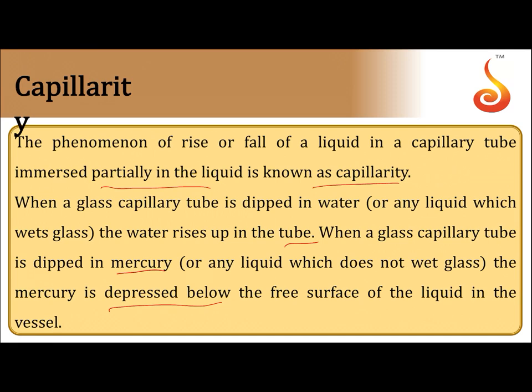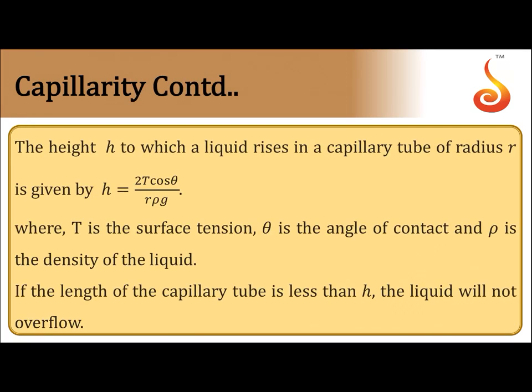Level of mercury in the tube will be less than the level in the trough. The height to which the liquid rises in the capillary tube is called capillary rise. It is given by 2T cos theta divided by rho r g, where T is surface tension, r is radius of capillary tube, rho is density of liquid taken, g is acceleration due to gravity, and theta is angle of contact.